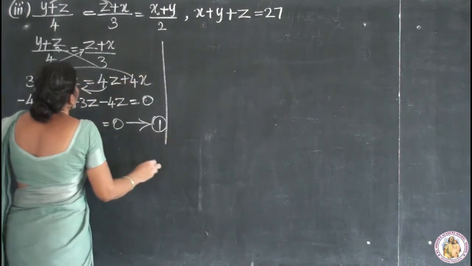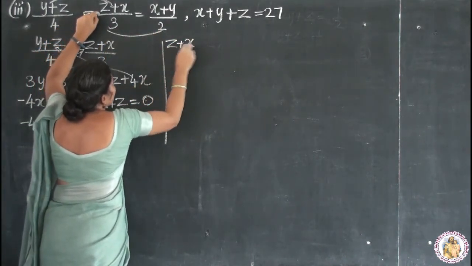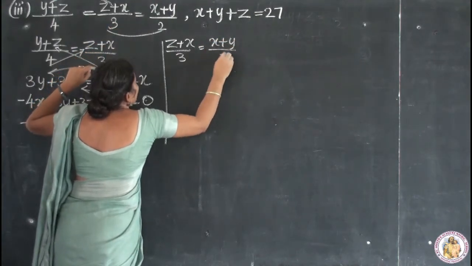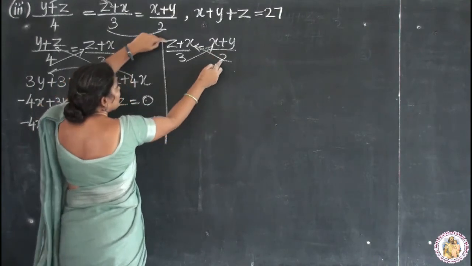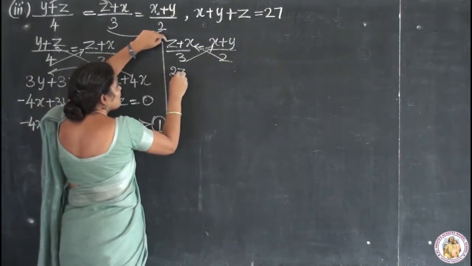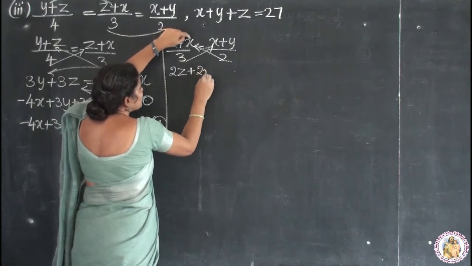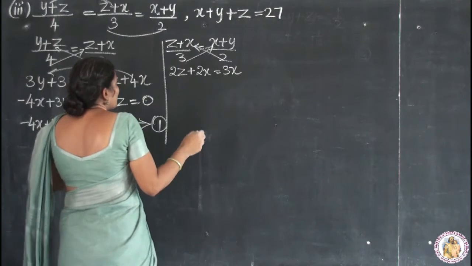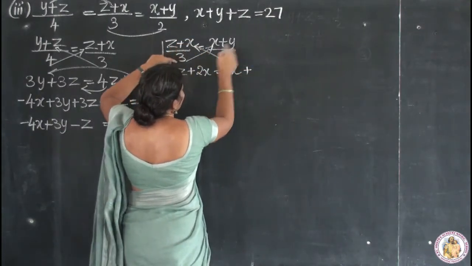For the second equation, considering z plus x by 3 is equal to x plus y divided by 2. Cross multiply: 2 into z, 2z plus 2 into x, 2x is equal to 3 into x, 3x plus 3 into y, 3y.